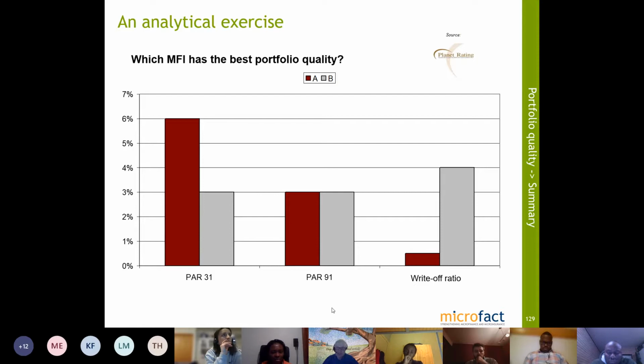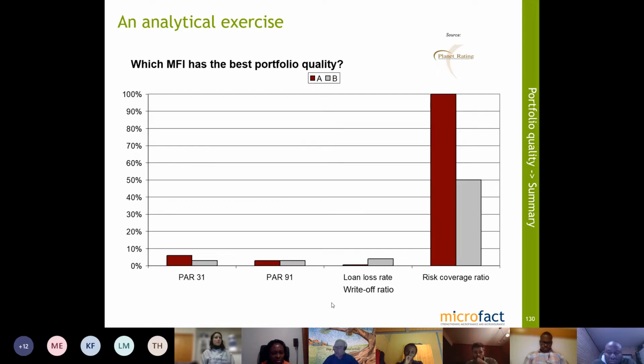And if you add the next information, the scale is now different. Who is still thinking that B is the better one? Nobody dares, I think. Or is somebody very courageous and saying, I still believe in B?